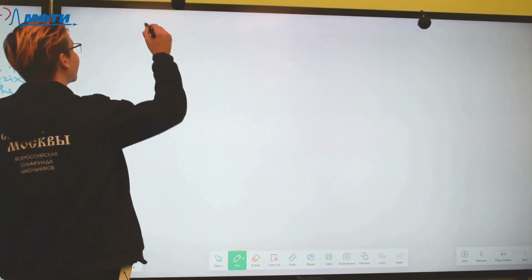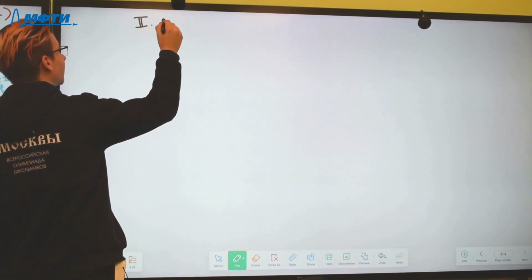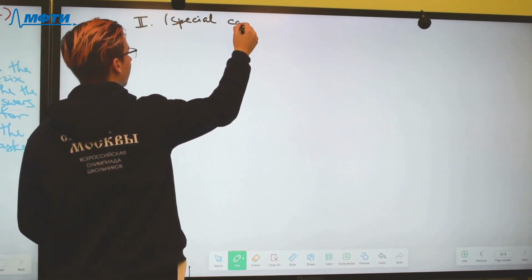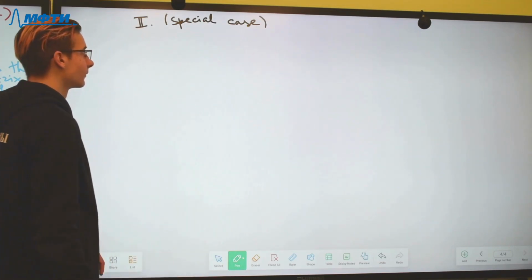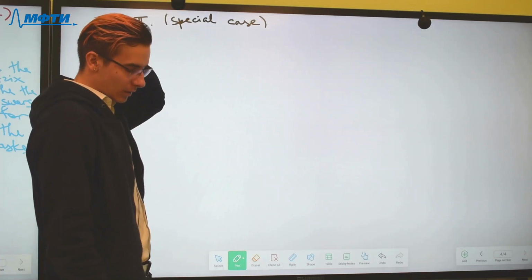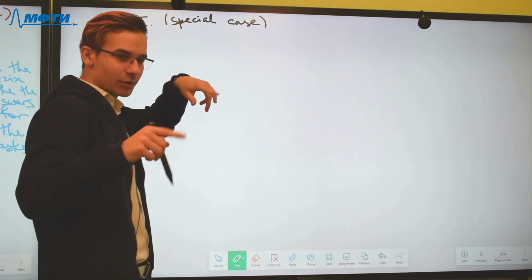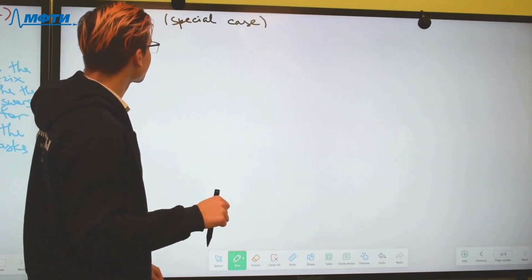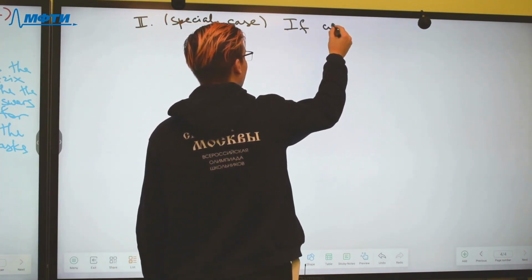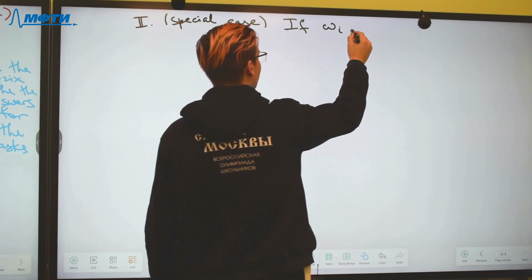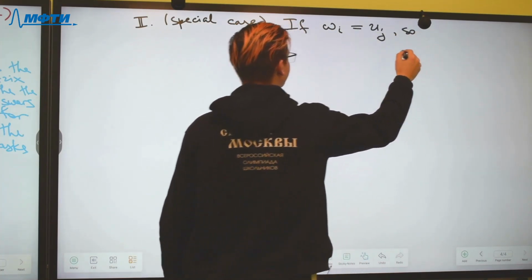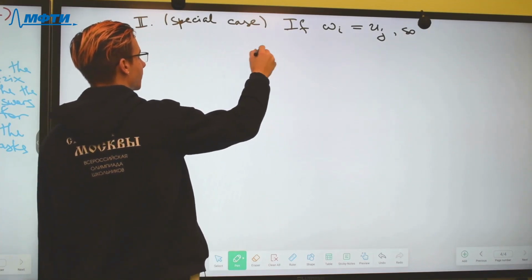And a special case that you need to put in the if condition in the code. If they are equal, so we can compare.